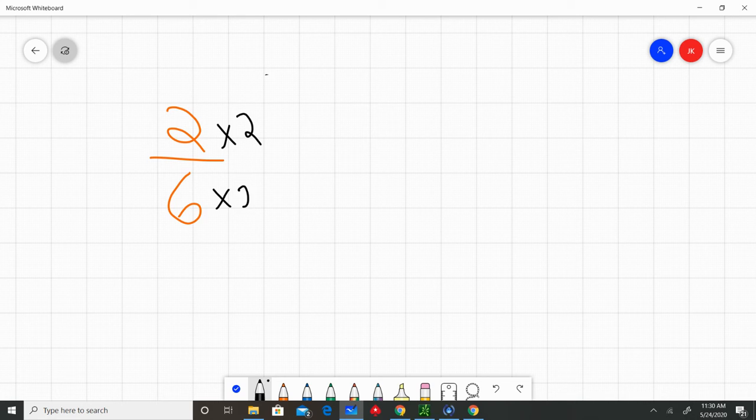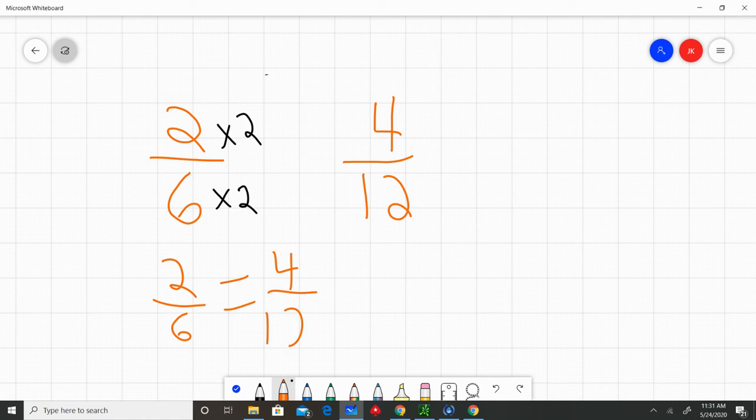In this case, I'm doubling them. I'm multiplying by 2. So 2 times 2 will give me 4. 6 times 2 will give me 12. So 2/6 is equivalent or equal to 4/12.